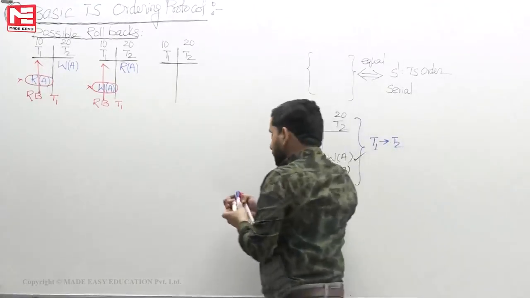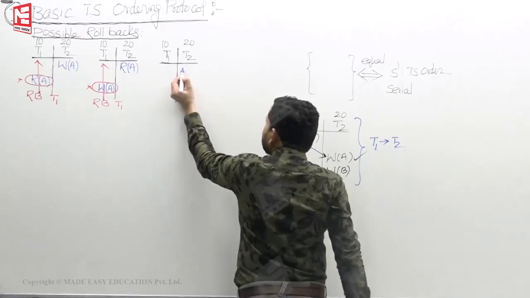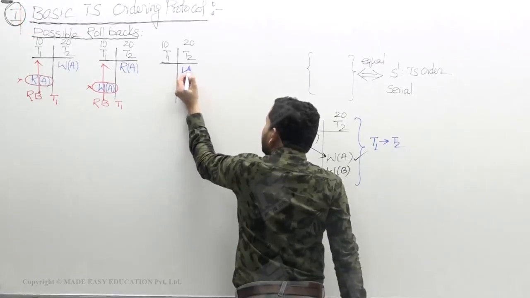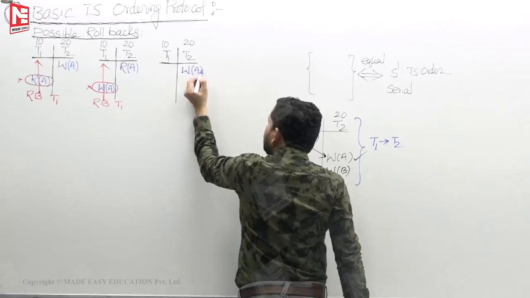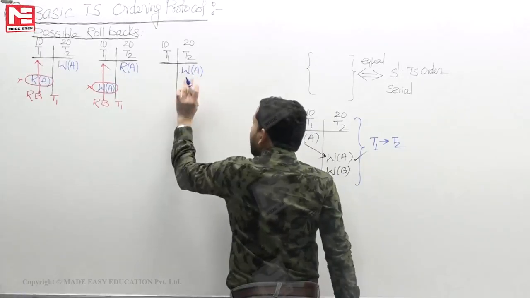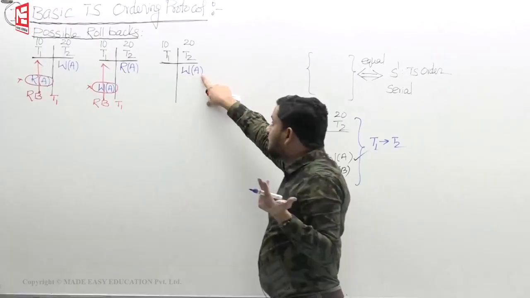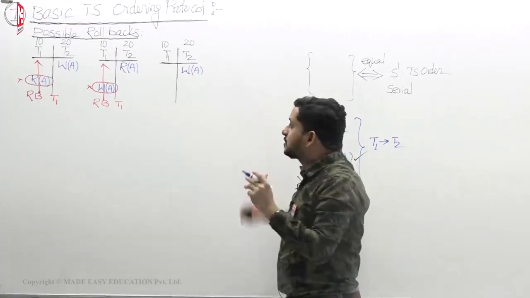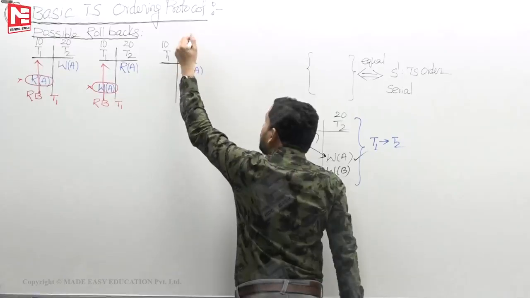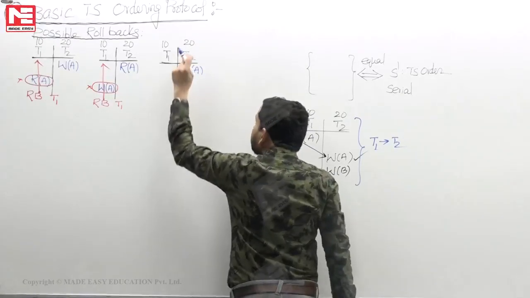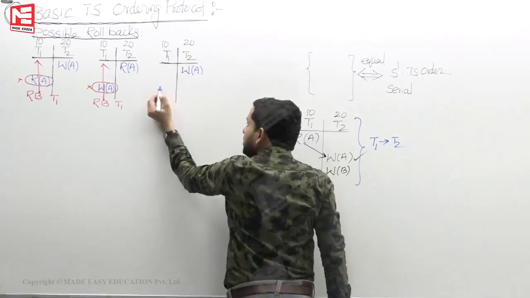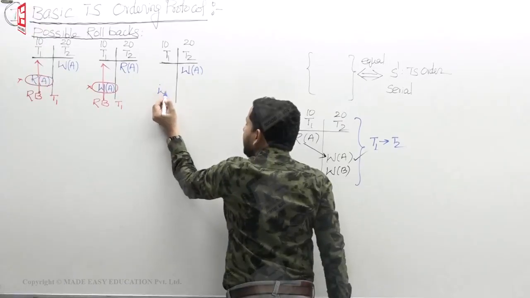One other possibility: if T1 has already done the write, and by the time of T1's write there was no conflict, then it is allowed. After T1 writes, then T2 writes, and now T1 requests for write.